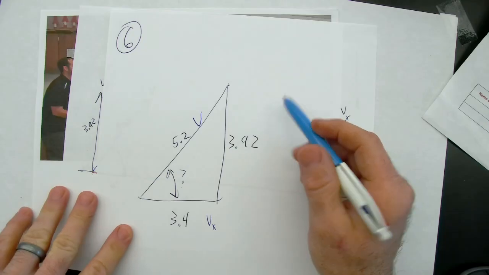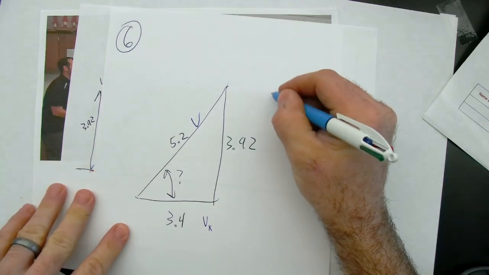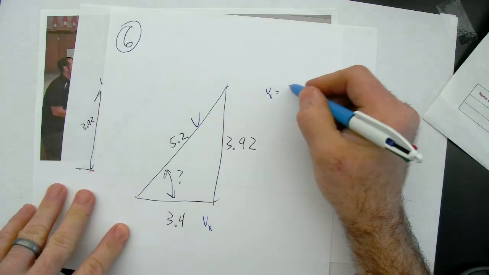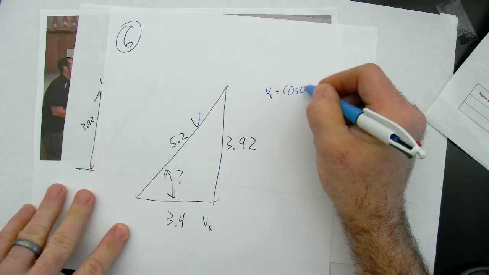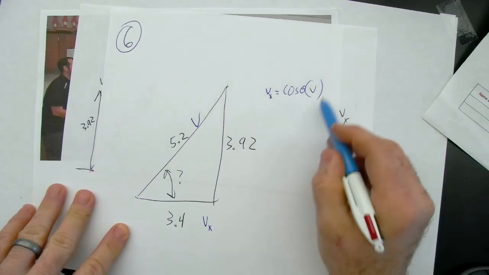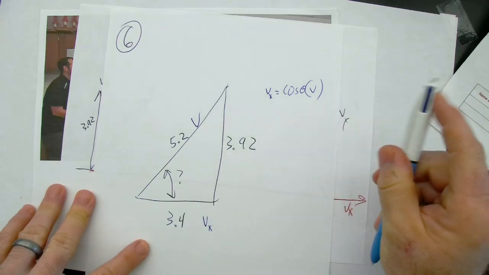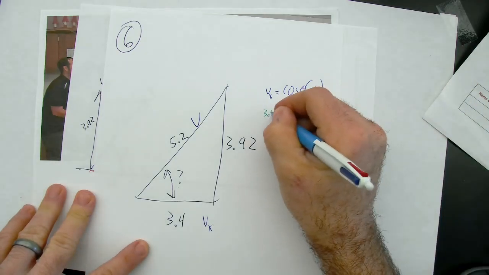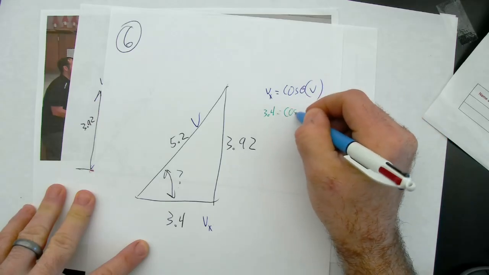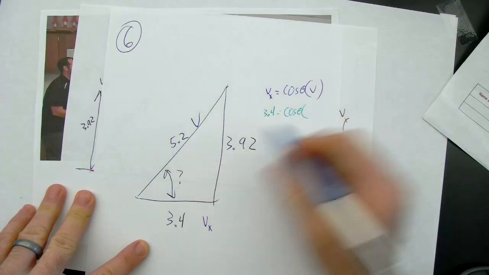That's one from your notes, which says that the velocity on the x component is equal to cosine theta times the velocity itself. We have two of these three things, so we can solve it. We know the x component is 3.4. We don't know cosine of theta, that's what we're trying to find. But we know the velocity itself is 5.2.